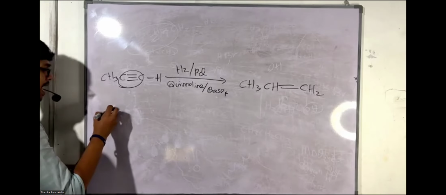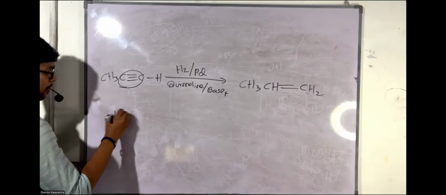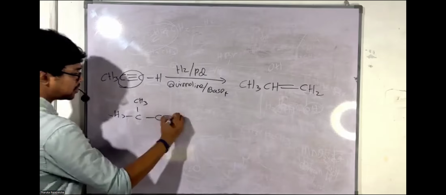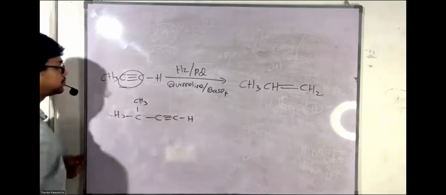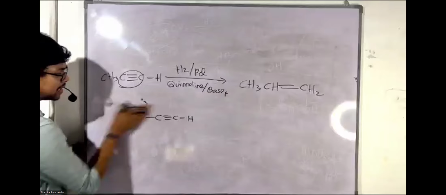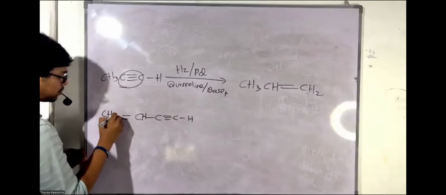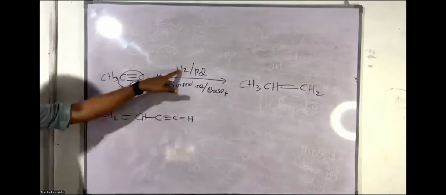So let's say we have a compound like this: CH3, C triple bond CH, and then CH double bond CH2. And to this compound, let's say you are adding hydrogen, palladium, quinoline, barium sulfate.